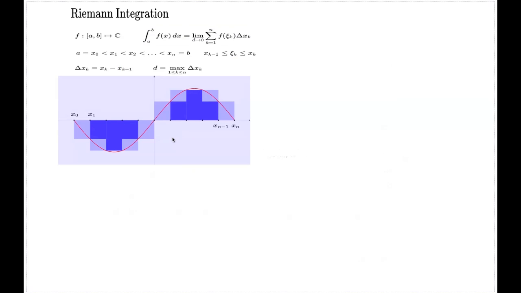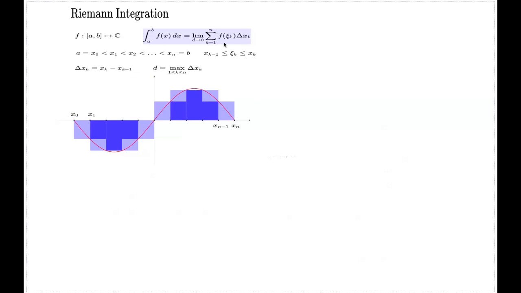Well, I showed you a few choices. For instance, for this smaller interval, if I choose the psi point coinciding with this left point, then this one element of my summation will be the area of this rectangle. If I choose my point for the same interval like this, if I choose this as the psi point, then the area will be this lighter blue rectangle.